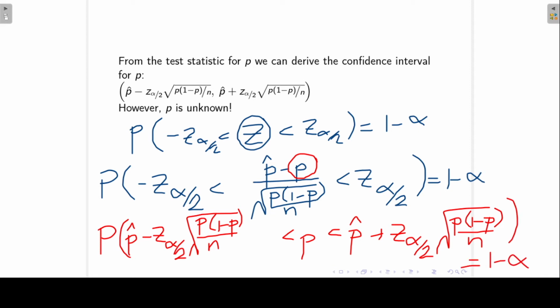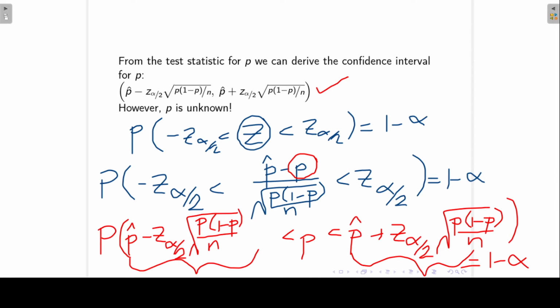So the probability that P, the population proportion, lies between this factor and this factor is equal to 1 minus alpha, and it's from that that we set up the confidence interval that we have here on the slide.